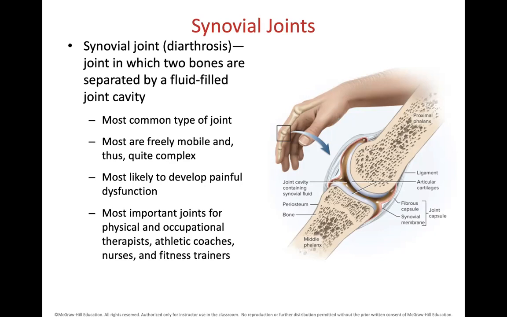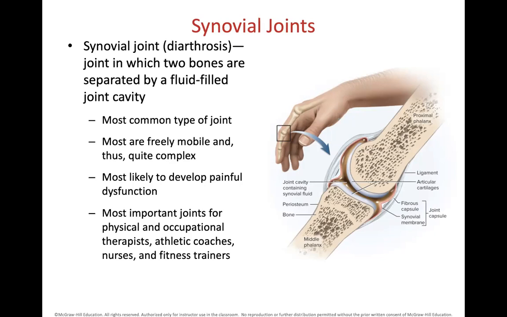And you'll be very familiar with the different joints, how they work, their anatomies, all that kind of stuff. But those are the main areas in healthcare that will deal specifically with joints. I don't know why I have nurses on here. I mean, nurses do a lot of stuff. I should take that off of there. But athletic coaches, fitness trainers, OTs, PTs, they deal with a lot of issues with movement and thus issues with joints.